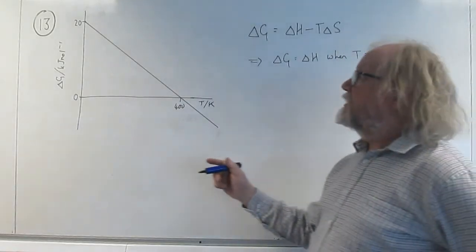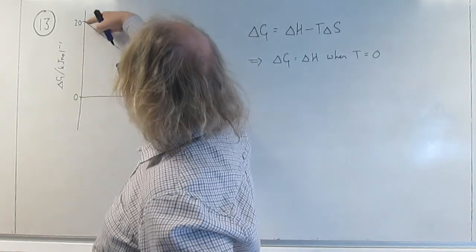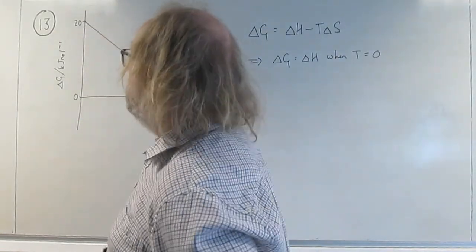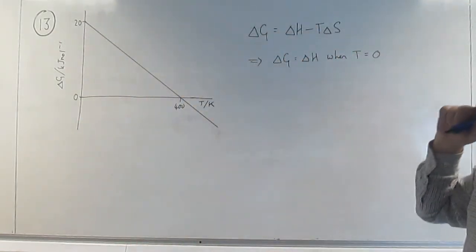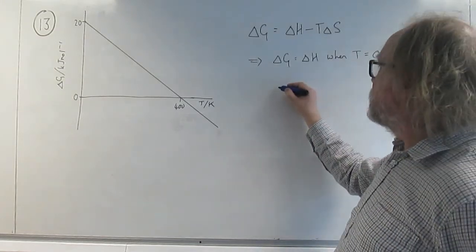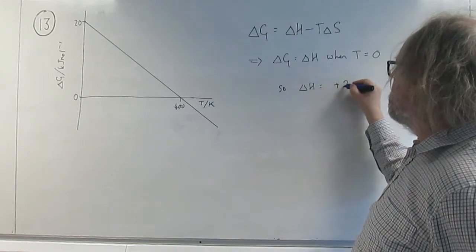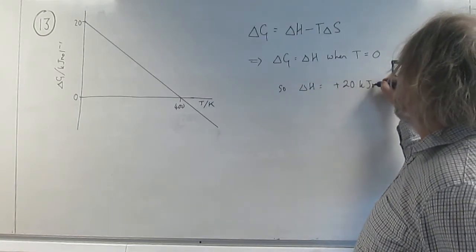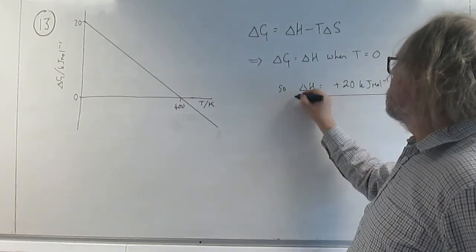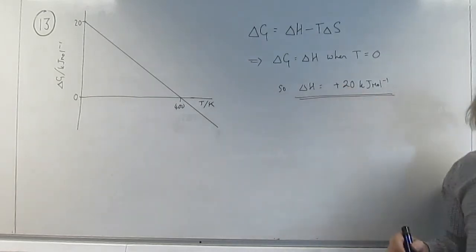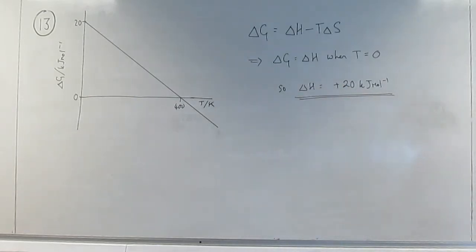So we can just read off what delta G is when T is 0, and the answer is plus 20 kilojoules per mole. So delta H is equal to plus 20 kilojoules per mole. Make sure you put the explicit plus sign in there, it's not just 20, remember it's plus 20.